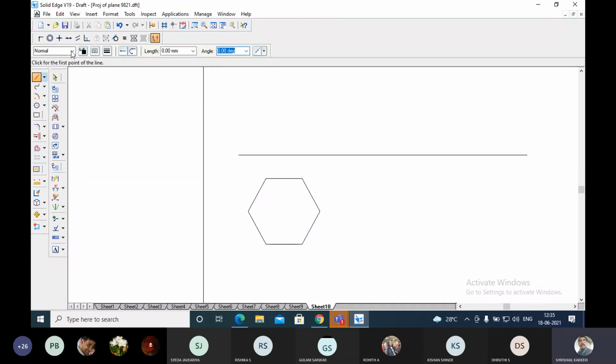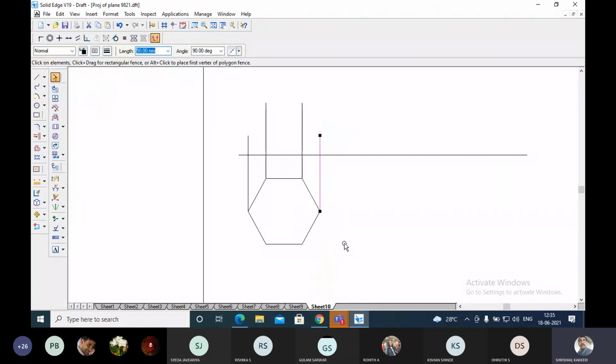Now take a normal line from the end of this one, some length. I have taken it, then copy this from all these points. If I take from here, it will be passing through this figure, so I am going to take only at these points.